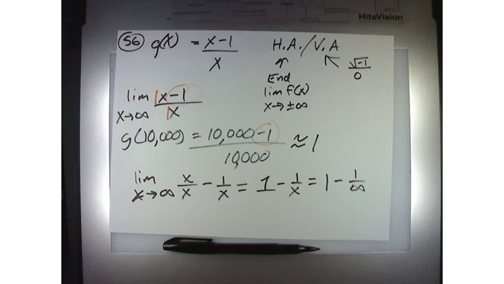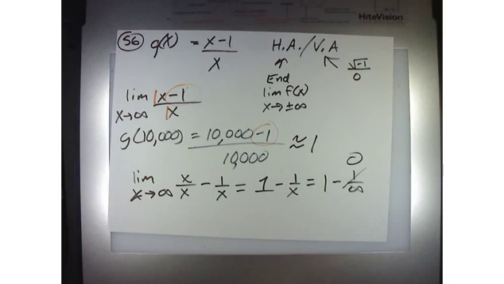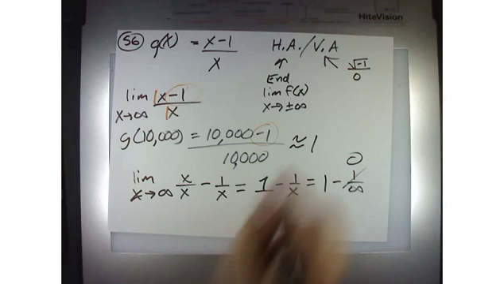Very small. What if I cut it into infinitely many slices? What would the slice size be? 0, right? So what's my limit? 1. So my horizontal asymptote occurs at y equals 1.